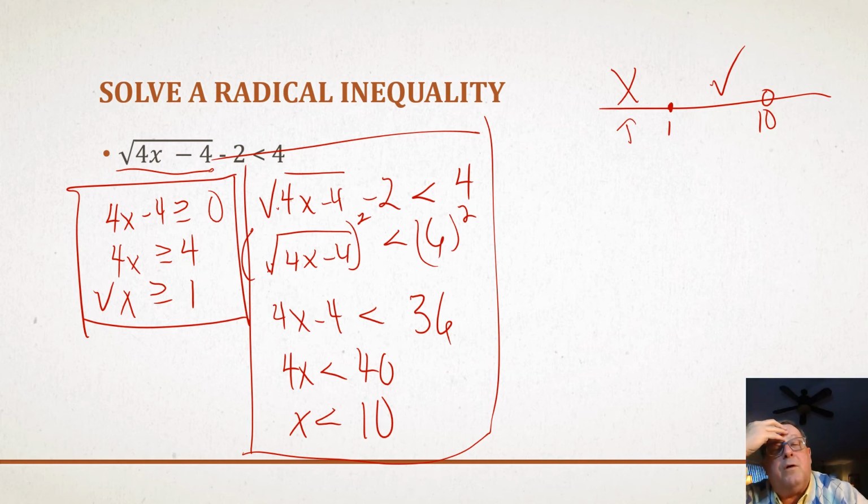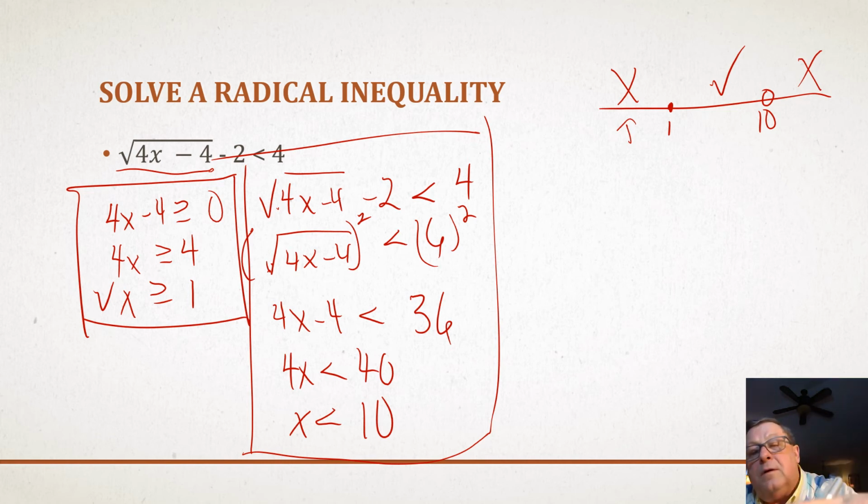So I got the square root of 44 minus 2, and I want to know, is that less than 4? Well, what does that come to? That comes to 4.63. Well, 4.63 is not less than 4, and so that interval fails.